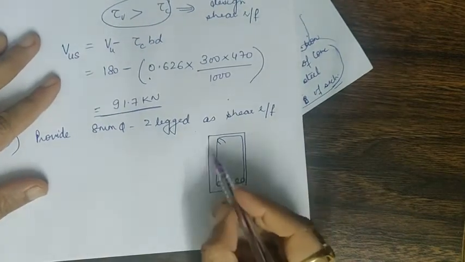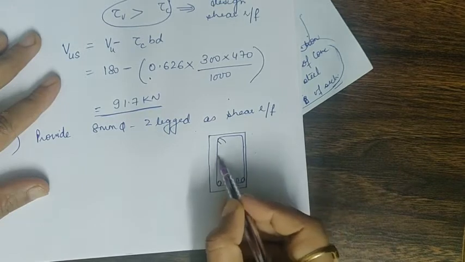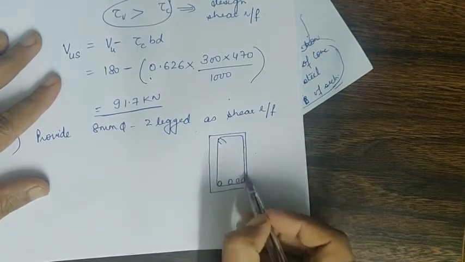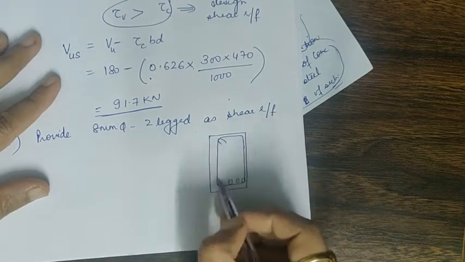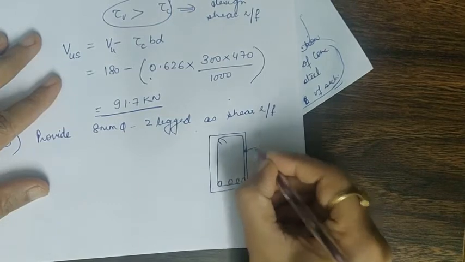So it means a stirrup for one cross section, this stirrup goes twice in this particular cross section. So there are two legs of this stirrup. So that's why we call this a two-legged stirrup. And this is 8 mm dia.